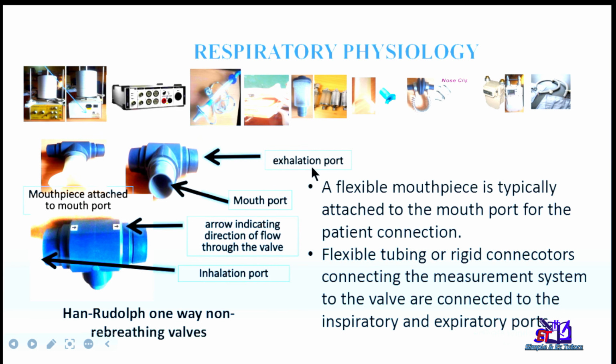This is the exhalation port, which is normally attached to the Douglas bag, while this is the mouth port where the mouthpiece is attached. The arrow here indicates the direction of flow of air through the valve, while this is the inhalation port.